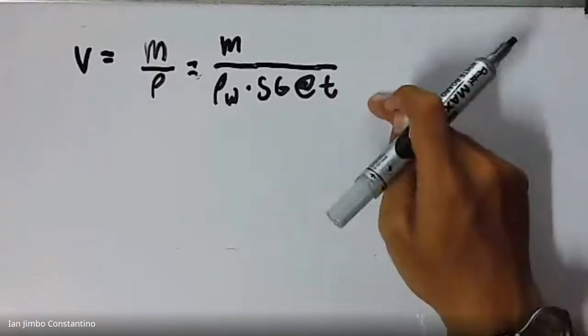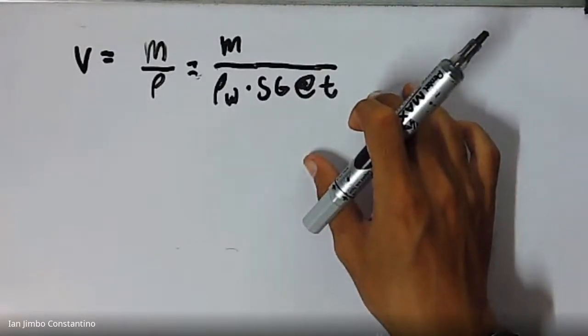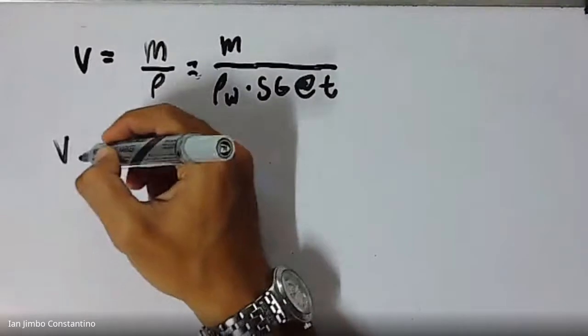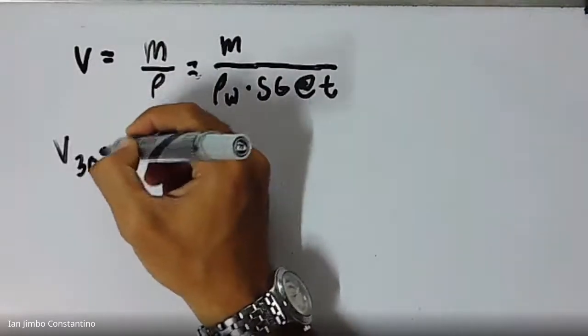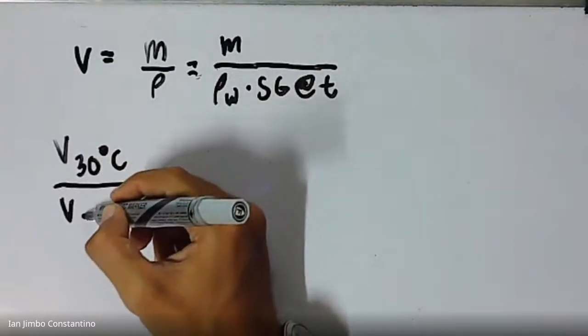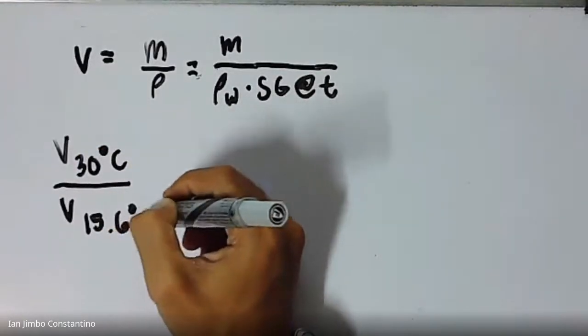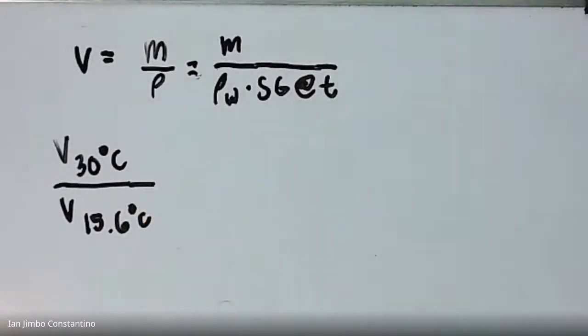We can create a ratio and proportion between them. So the volume for 30 degrees Celsius divided by the volume for 15.6 degrees Celsius.